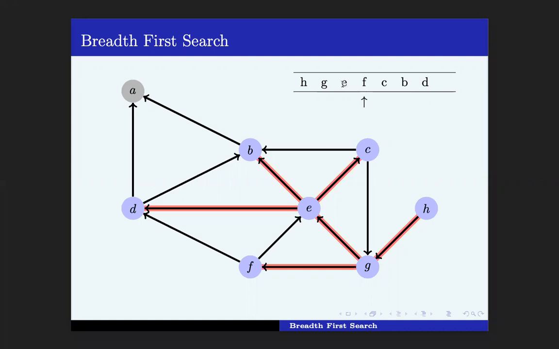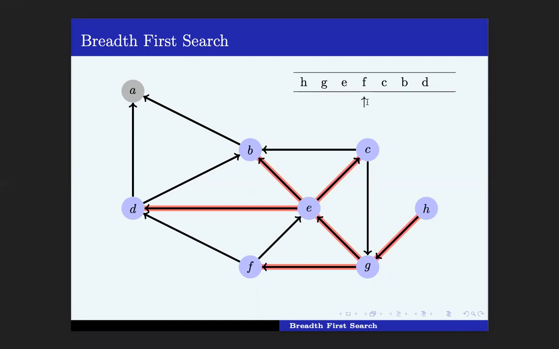H is level 0, G is level 1, E and F are level 2, and C, B, D are level 3. If F had another new neighbor, that would have come after D, and I would have got four level 3 vertices, one after another.